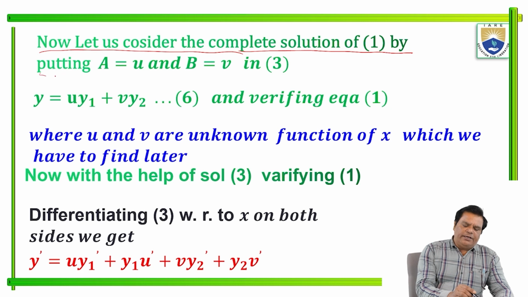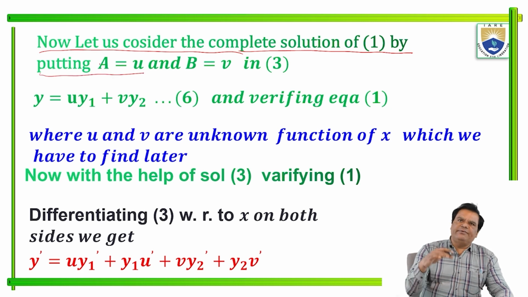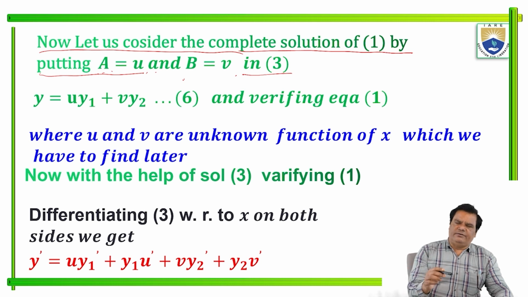So in 3, we convert a, an arbitrary constant, to u, some function of x, and b, an arbitrary constant, to v, another function of x. After putting a equal to u and b equal to v, we get the complete solution of equation 1, which is given in our question paper.